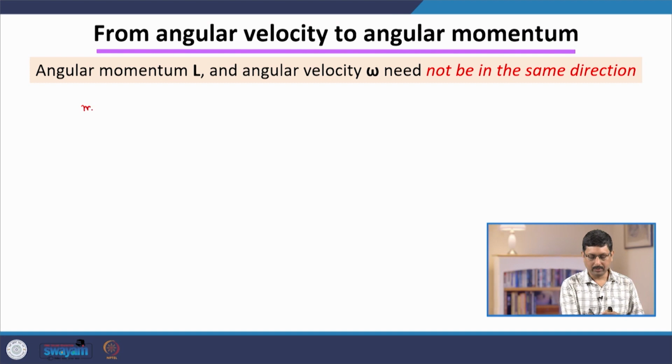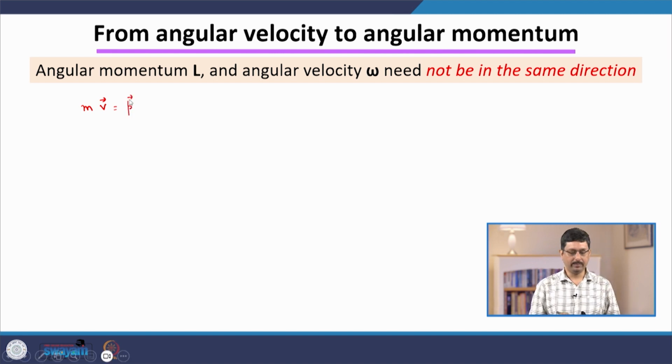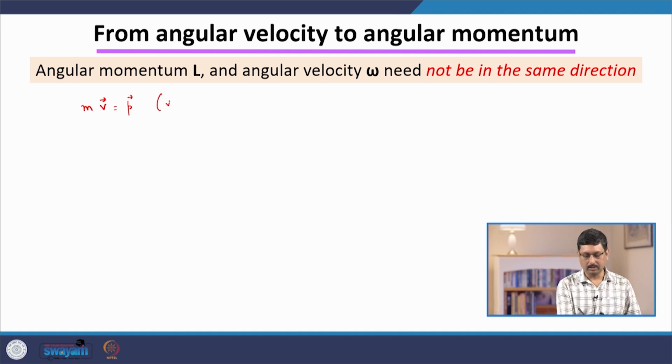In the case of linear momentum and linear velocity, we know that if a particle has a mass m and is moving with a velocity v, then its linear momentum is given by this particular formula, when the velocity is very small compared to the speed of light.